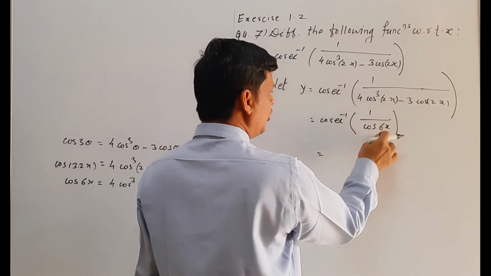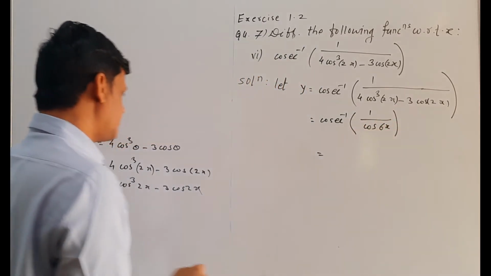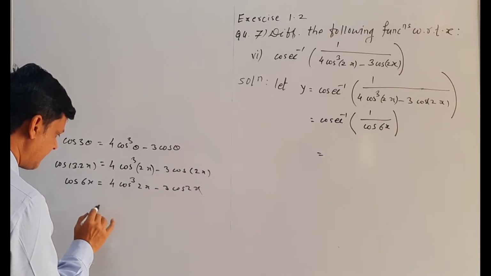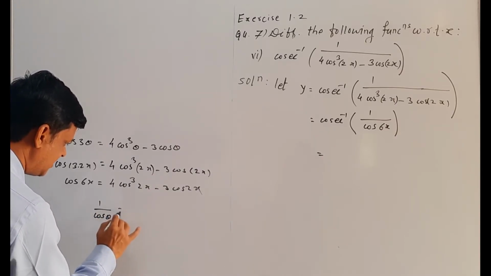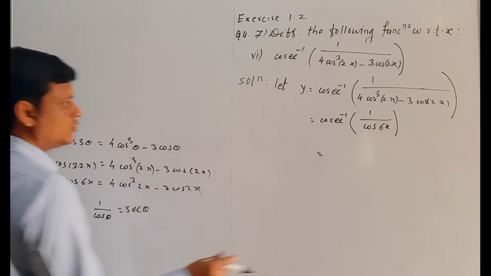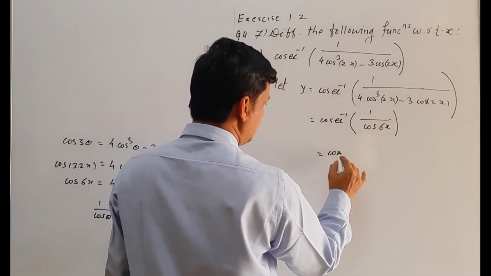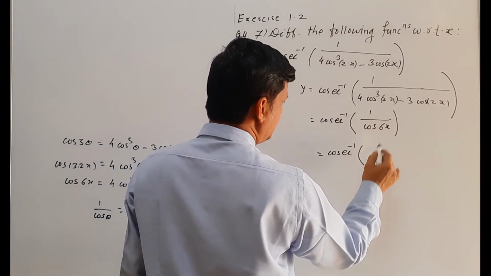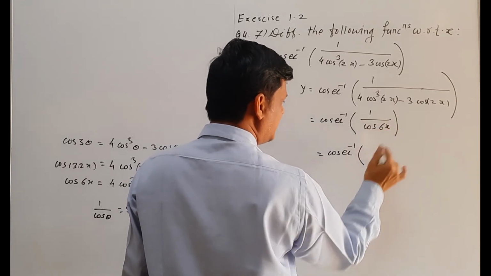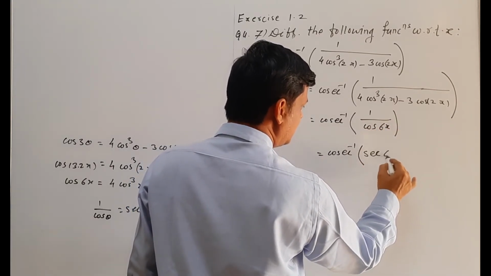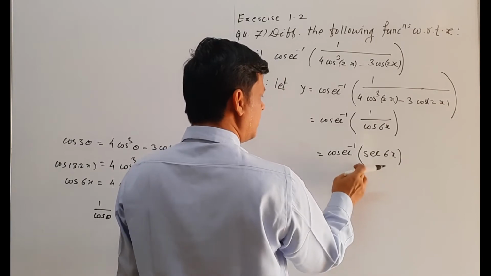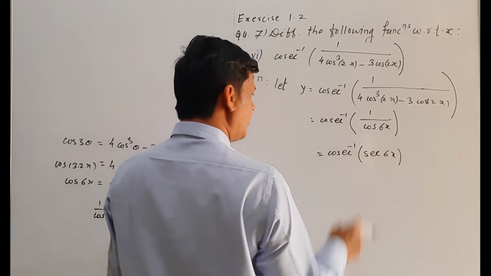So this 1 upon cos we write in terms of sec. We know that 1 upon cos theta is equal to sec theta. So we write cosec inverse of this 1 upon cos 6x as sec 6x. Now we have to reduce this sec in terms of cosec.